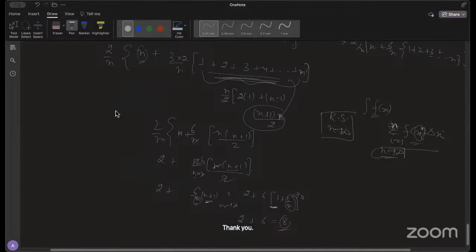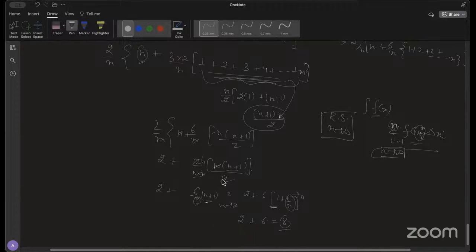Ma'am, can you tell me about that doubt? It is in graded assignment 10, question number 5. In this question, was there any need of the interval from 0 to 2?